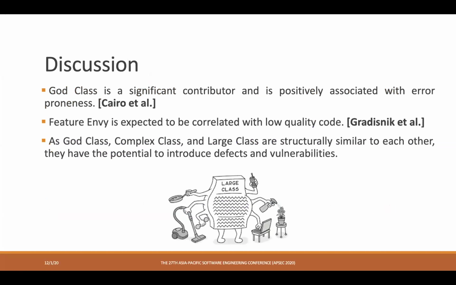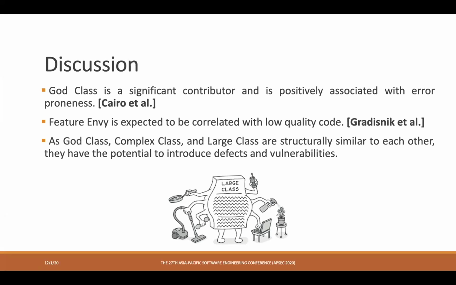Some important takeaways of our study: first, we found a good relation between God class, large class, complex class, and software vulnerability, and that finding was also supported by Cairo et al., a previous study on the correlation between software errors and code smells.